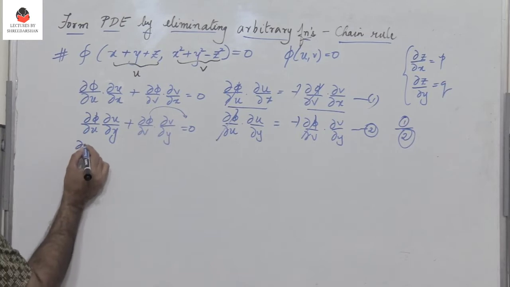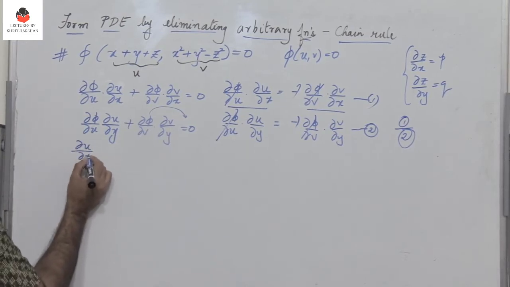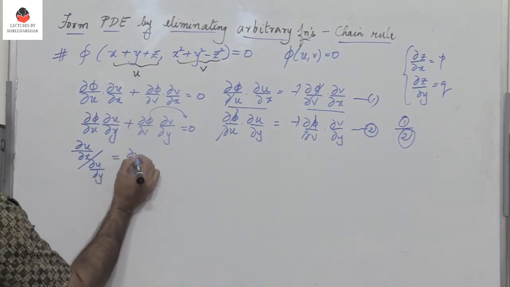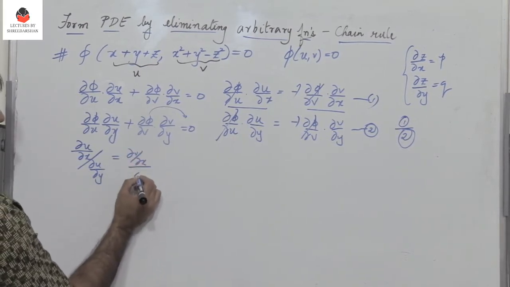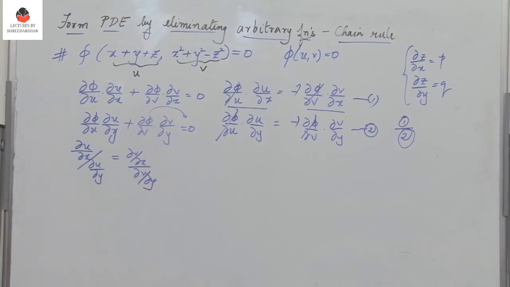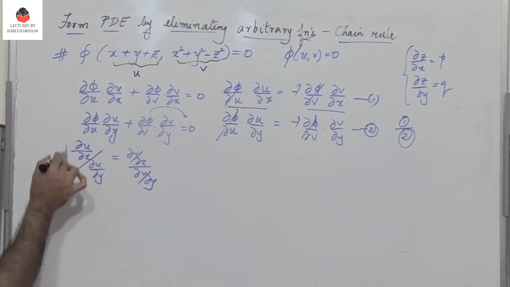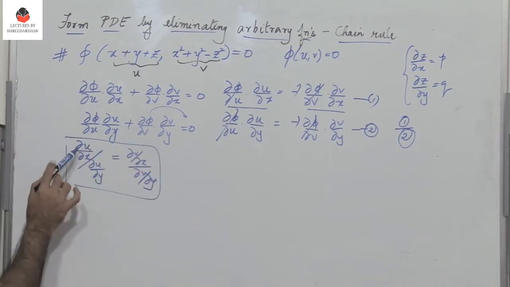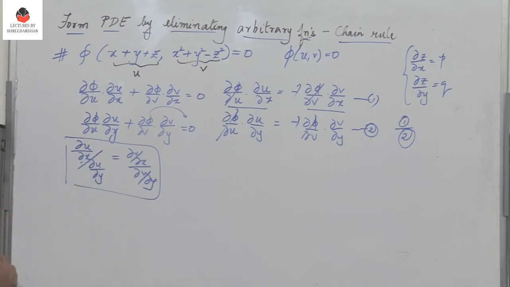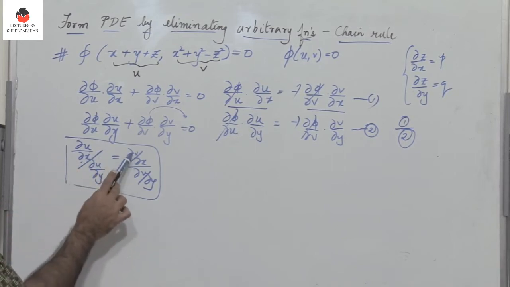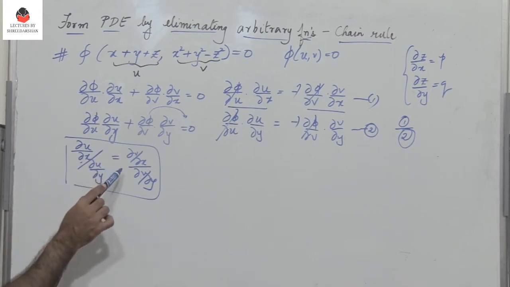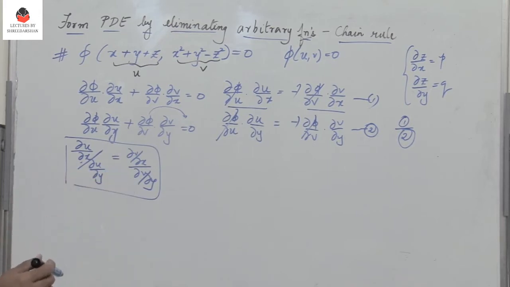So we have del u by del x divided by del u by del y equals del v by del x divided by del v by del y. So for all such problems, we just have to partially differentiate u with respect to x divided by partially differentiate u with respect to y, and equate it to partially differentiate v with respect to x divided by partially differentiate v with respect to y. So let me write this.